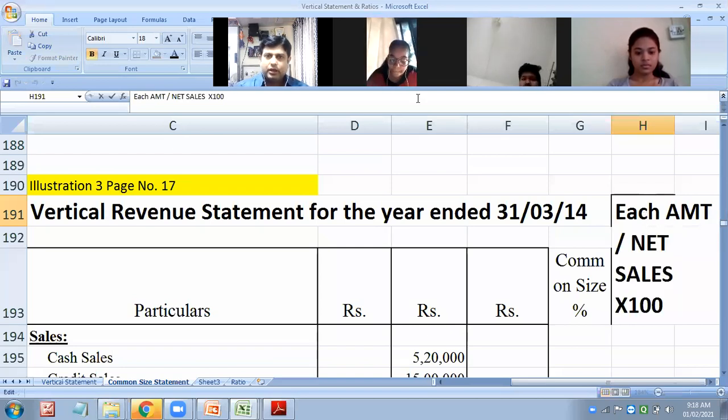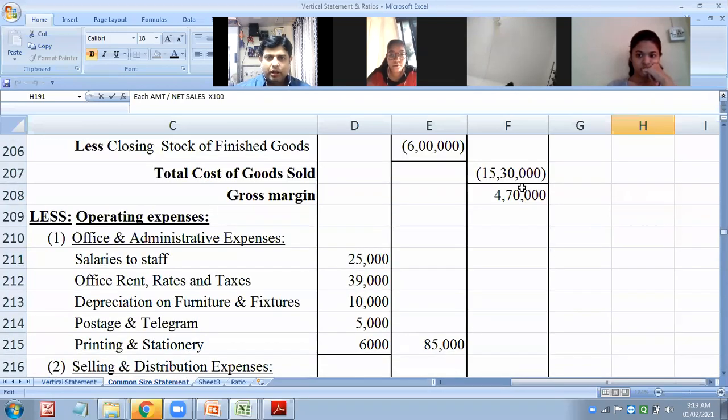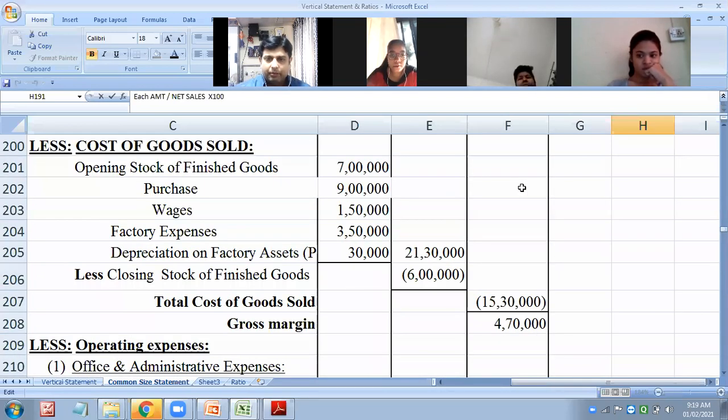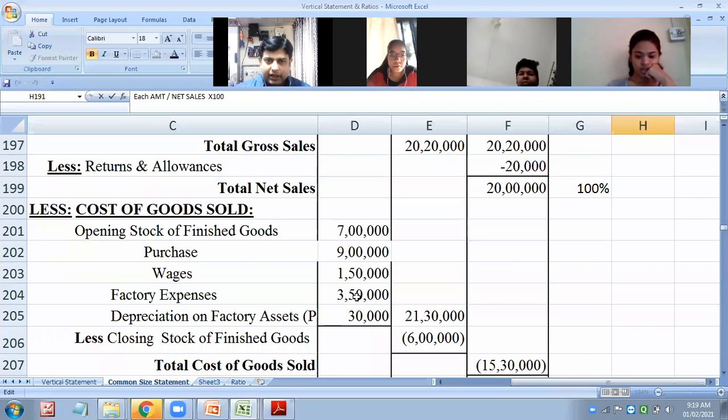Okay, each amount divided by net sales into 100. So similarly, every item is to be compared with respect to sales, and we need to get their common size.